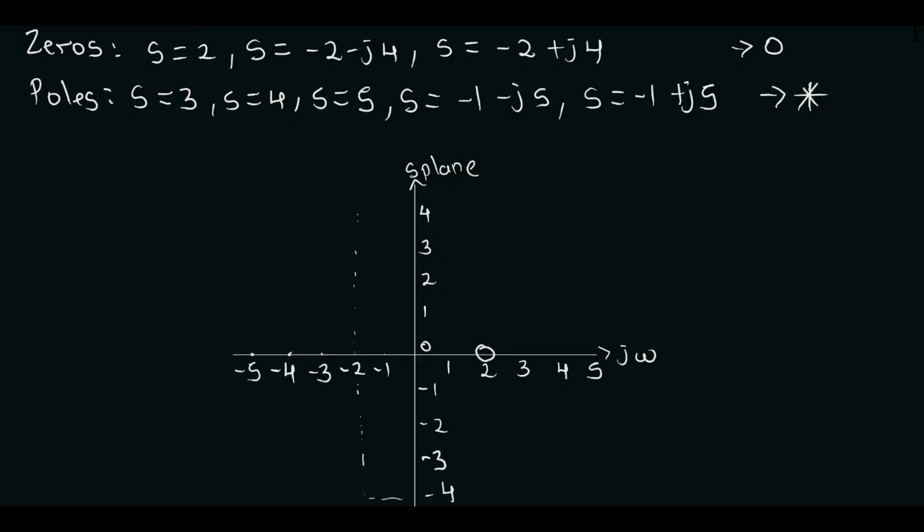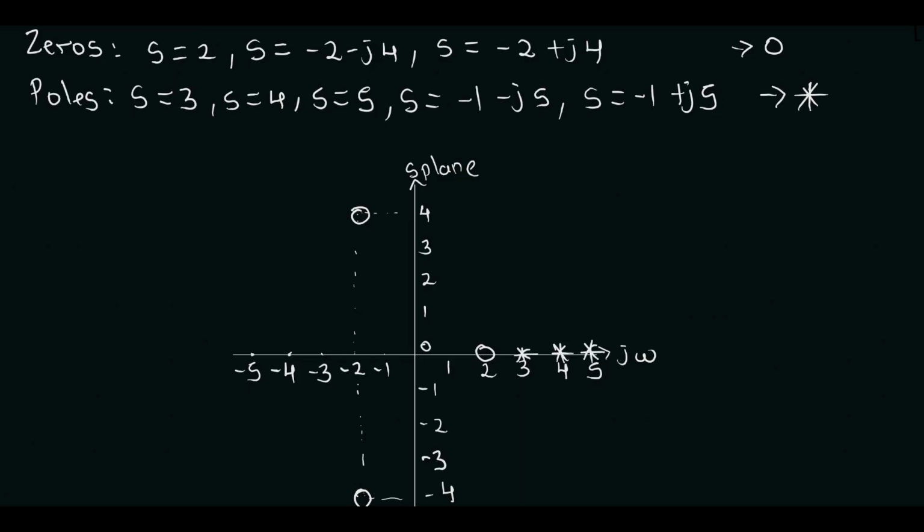So we have this. Then minus 2 plus j4. Then for your poles, that's all for the zeros. For your poles, you have s equals 3, s equals 4, s equals 5.